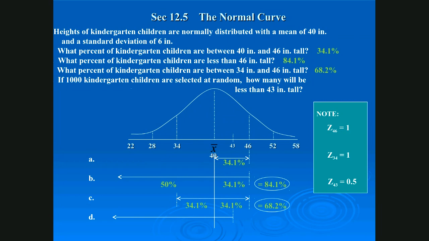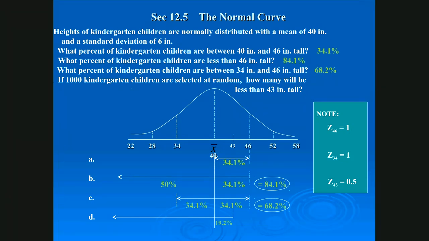And so if we look up a z-score of 0.5, being careful, it's 0.50, that's 1/2. We'll find 0.192 or 19.2%.